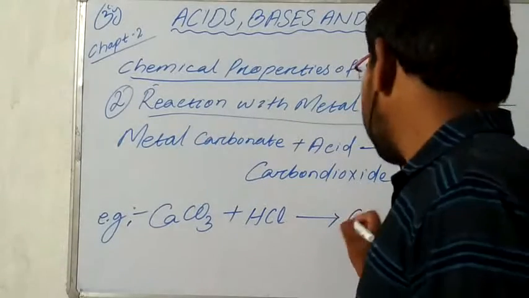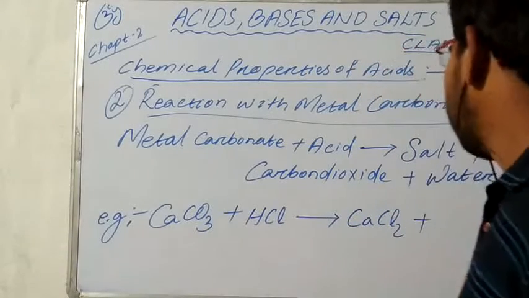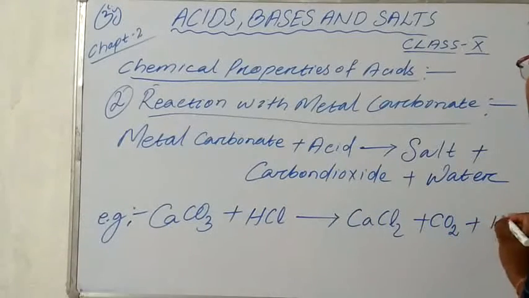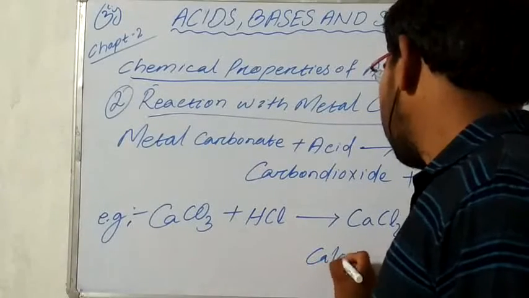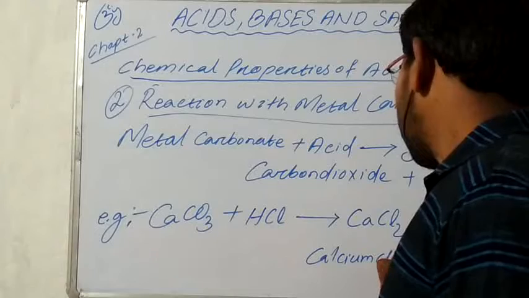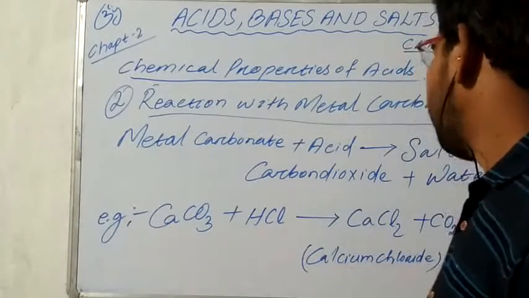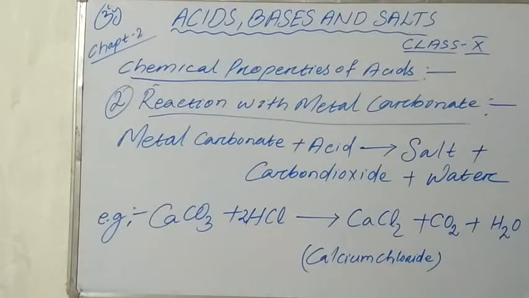Here the salt formed is CaCl2, calcium chloride, plus carbon dioxide CO2 plus water H2O. Here we have to balance with 2 HCl. So this is one example of a metal carbonate reacting with acids.